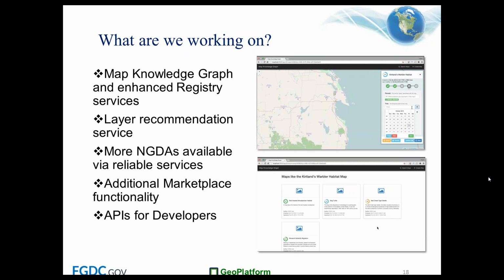Well, wouldn't it be nice to have more like the Amazon Marketplace experience that says, hey, if you like this, would you consider this? Except for layers. So if you're working on a map that's about sage grouse and sage grouse breeding areas, it might be able to suggest a layer that other maps that have used sage grouse breeding have included.